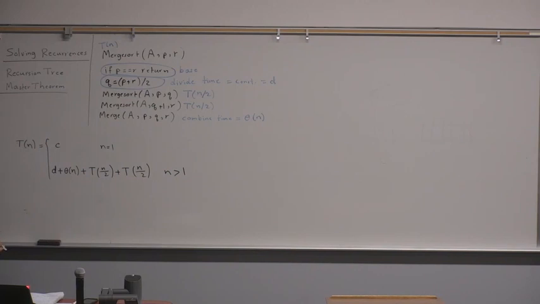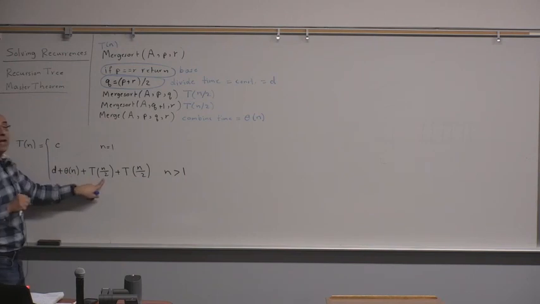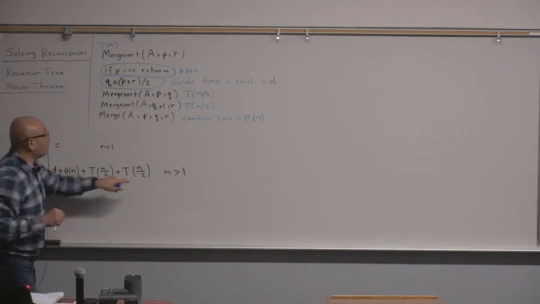Let's make sure that we understand this. We're saying that the number of operations needed to sort an array of size n is equal to a constant for dividing it in half, plus theta of n to combine, plus the time for sorting half of it, plus the time for sorting half of it.